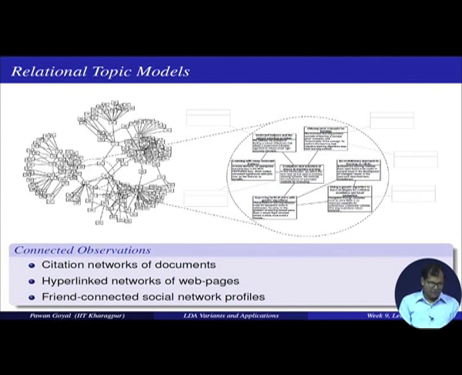When you are talking about data, many a times this is simple text data, where the observations are not related to each other. Sometimes this is like a network also, where different observations or data points are connected together by some sort of graph structure. For example, think about scientific articles. As such, you can think of them as separate articles. Okay, this is one document, another document, different observations.